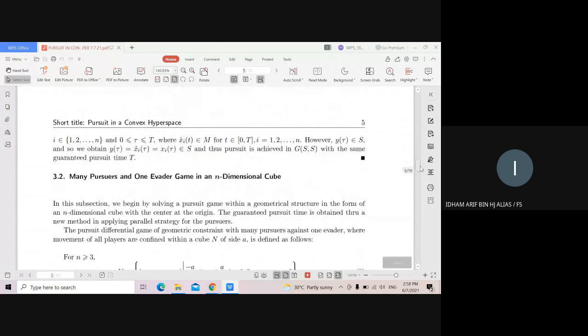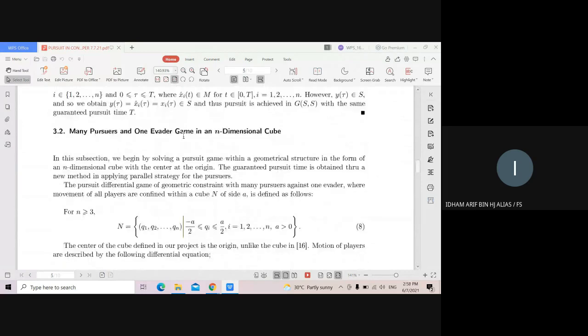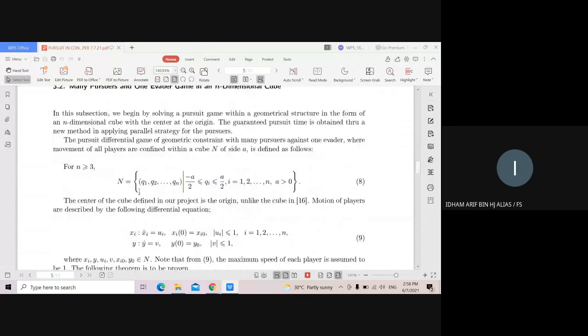Now we move to our second result, where we study the pursuit game in an n-dimensional cube, which we define as follows. The dimension is n, and the cube that we define in our project is different from the one in the previous work in 2015.